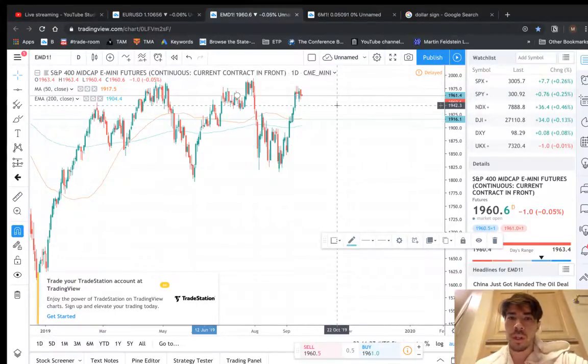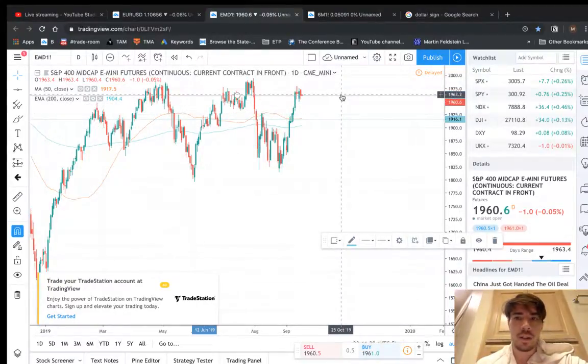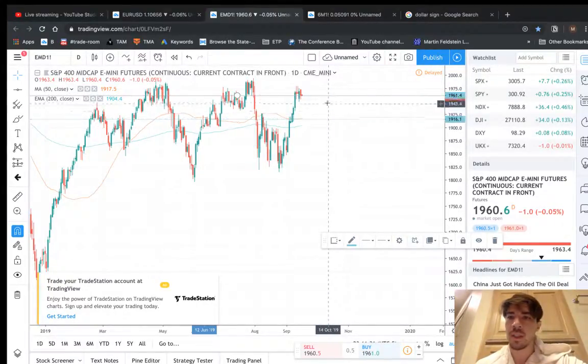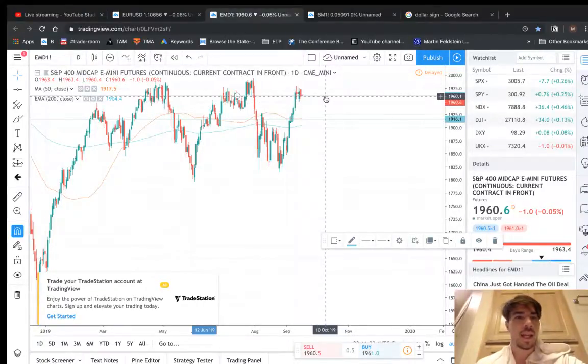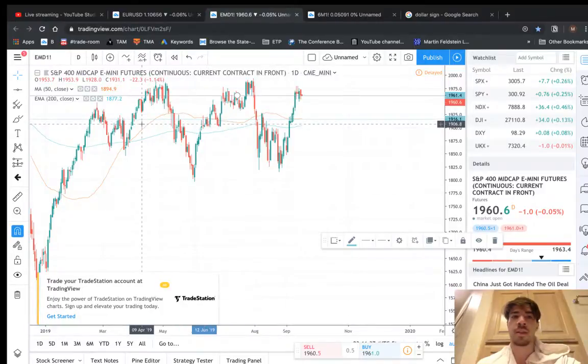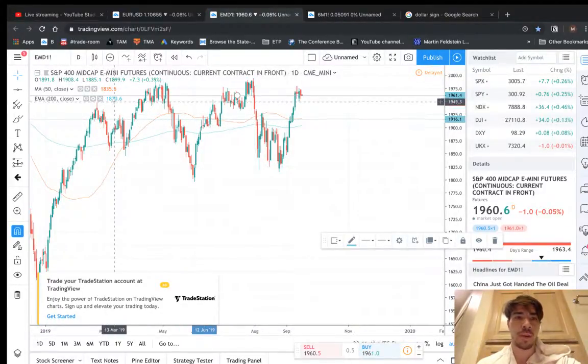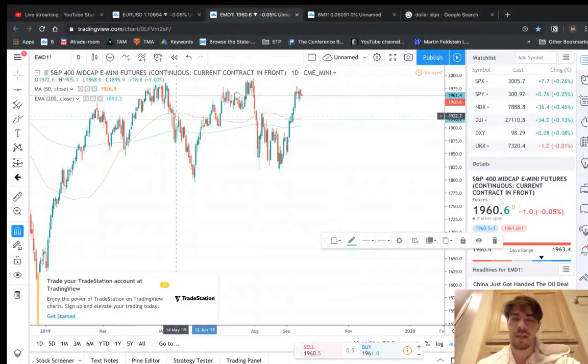So another way you can look at this is that this range from 1916 to 1960 is a trading range. We saw price break almost to the top here. We saw it break to about 1950 at first, and then back down. Left the range, enters back the range, back up to 1960, back down.